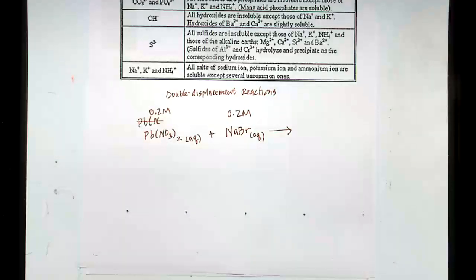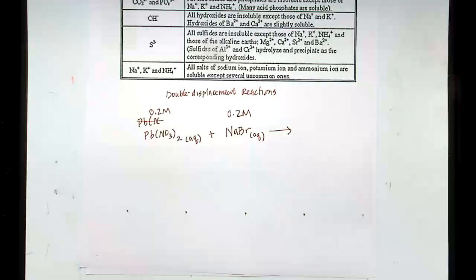okay, looks like we got something here. All right, so just like in our previous mixing of those two solutions, we got a white cloudy substance. To me, this looks like a precipitate. It's just got to settle.